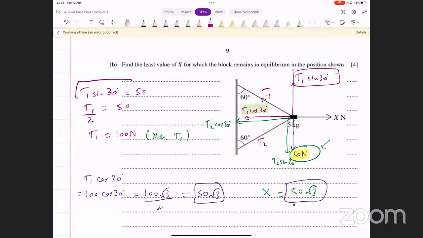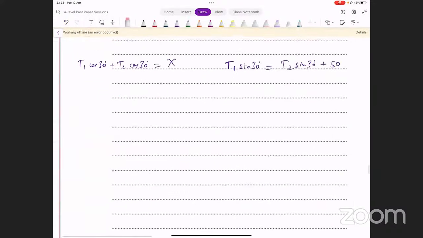T1 sin 30 should be minimum 50. So the tension in the upper string should be minimum 100 newtons. जब वो आ गई तो हमने उसको यूज करके T1 cos 30 निकाल लिया, 100 को यूज करके। अब हम कह सकते हैं कि X की मिनिमम वैल्यू एटलीस्ट 50 स्क्वायर रूट 3 होनी चाहिए. This is one way to think about this.